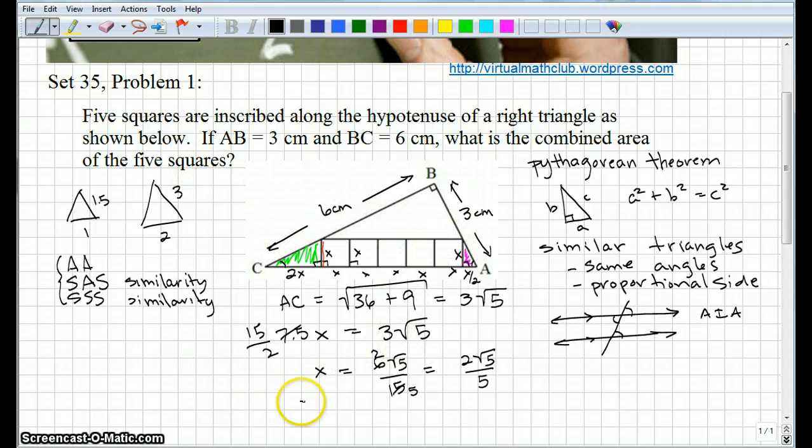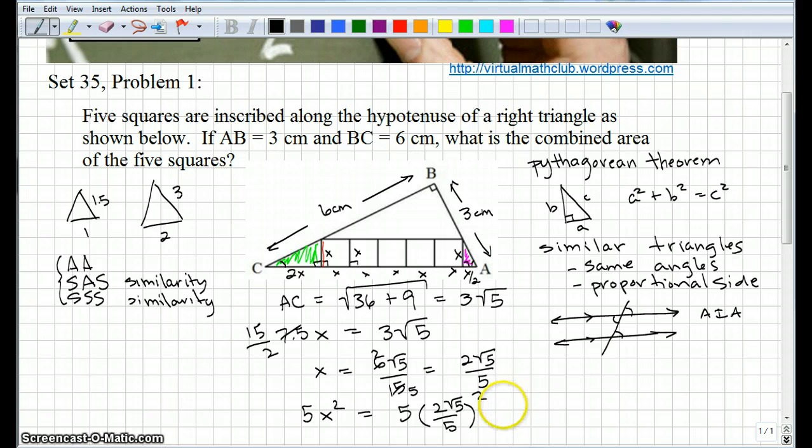And the area of 1 is x squared, so the area of 5 is 5x squared. Alright, so let's take this and square it, and multiply by 5. So 5 times 2 square root of 5 over 5, squared, right? That'll give us our answer.